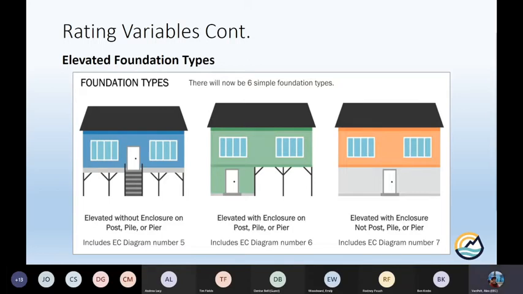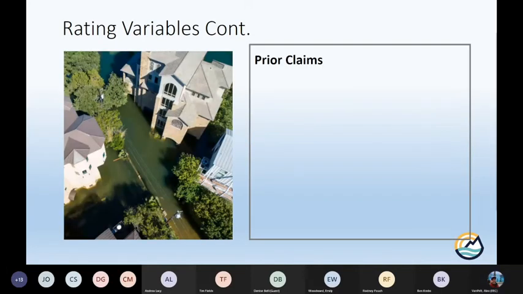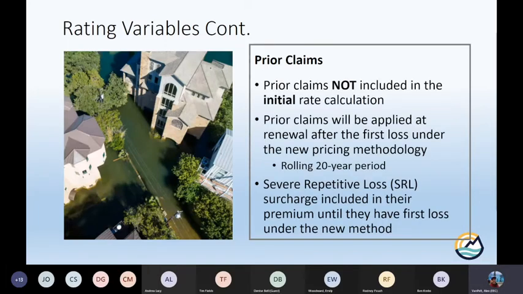I don't see any questions, so we're going to keep rolling right along. One of the really big new variables is going to be prior claims. So, prior claims were not used in the legacy method. Additionally, when these policies transfer over to Risk Rating 2.0, prior claims are not going to be included in the initial rate calculation.